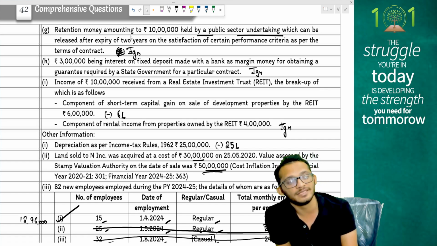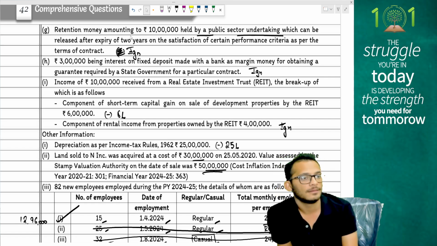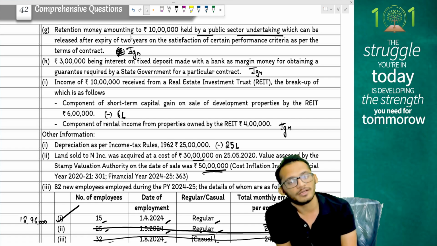I don't think there is anything else in PGBP. Give me the final answer. Total the numbers and put it in the second column.